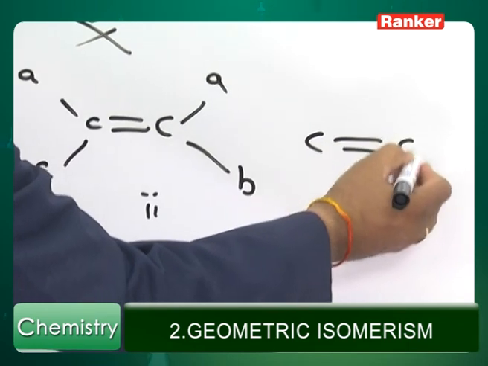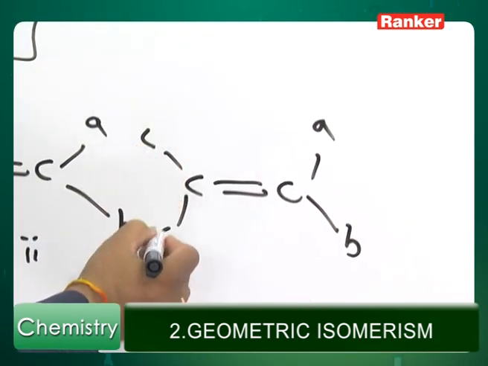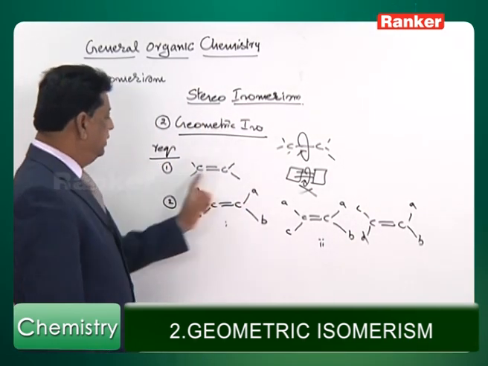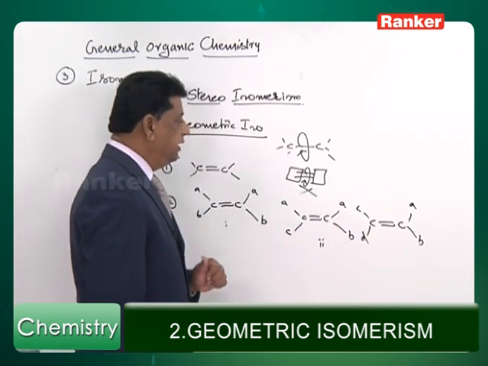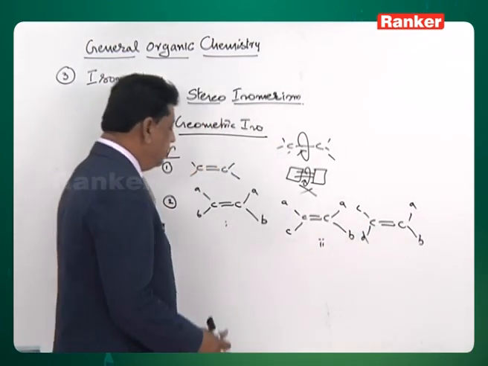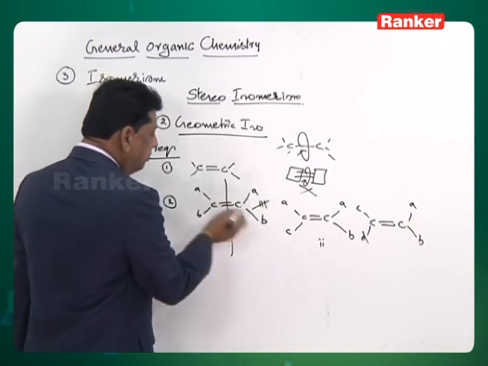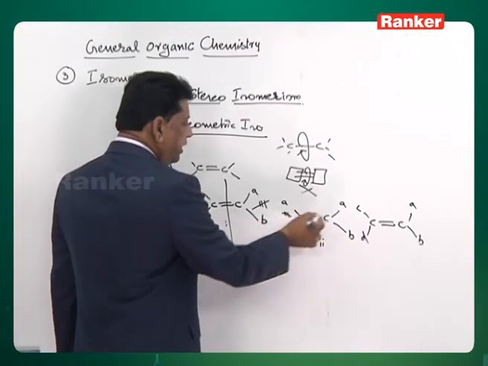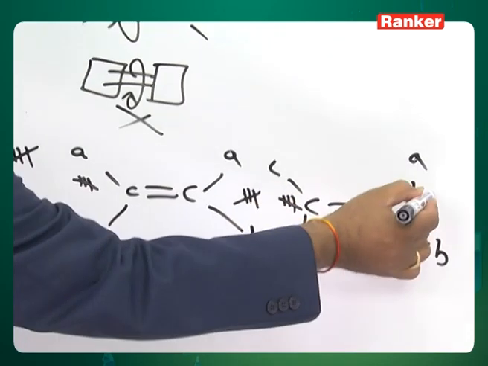The third one: if A is there, let us have B, here a new group C, and again D. All four are different, isn't it? A repeated, B repeated; A repeated, B not repeated; A not repeated, B also not, all four are different. But on either side there must be non-equality, that is, A should not be equal to B on both sides. So non-equality should be there on both sides.